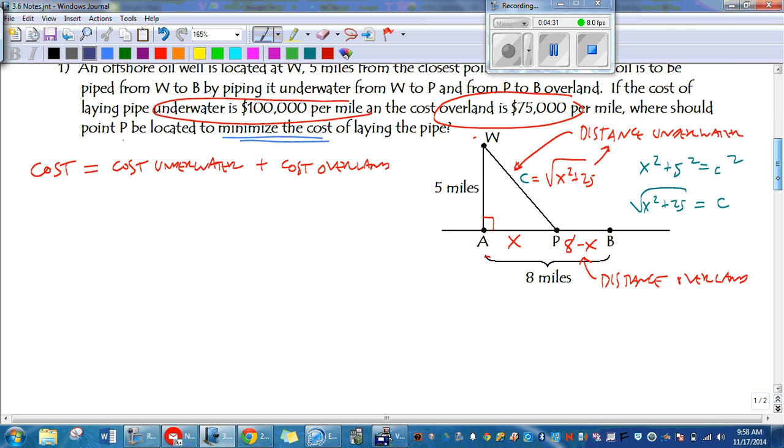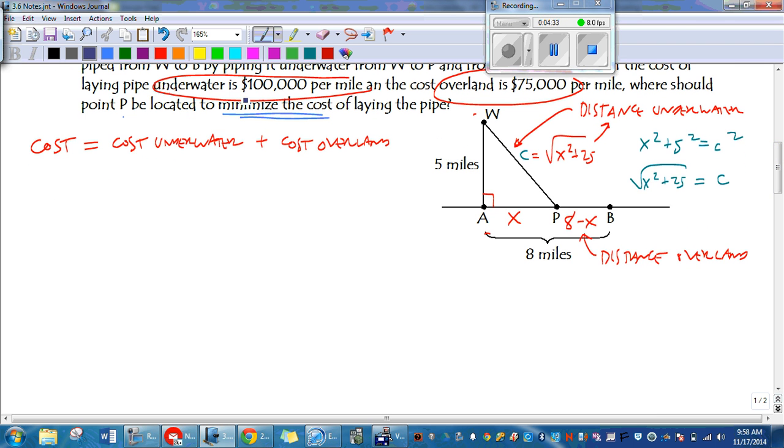Well, now let's put the pieces together. The cost underwater, it told us, is $100,000 per mile. To find the actual cost, we have to know the number of miles. Well, that is right here. That's the number of miles.